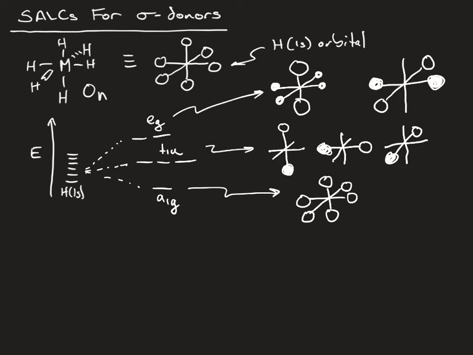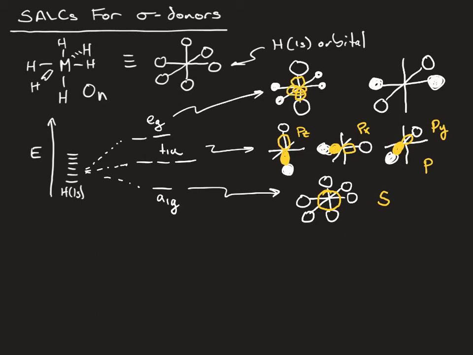These are symmetry related to form bonding and antibonding combinations with a number of metal atomic orbitals. So for example, the A1G can overlap with s orbitals, like that. The T1U can overlap with p orbitals, so your pz, px, and py, and the EG can overlap with 2 of the d orbitals.